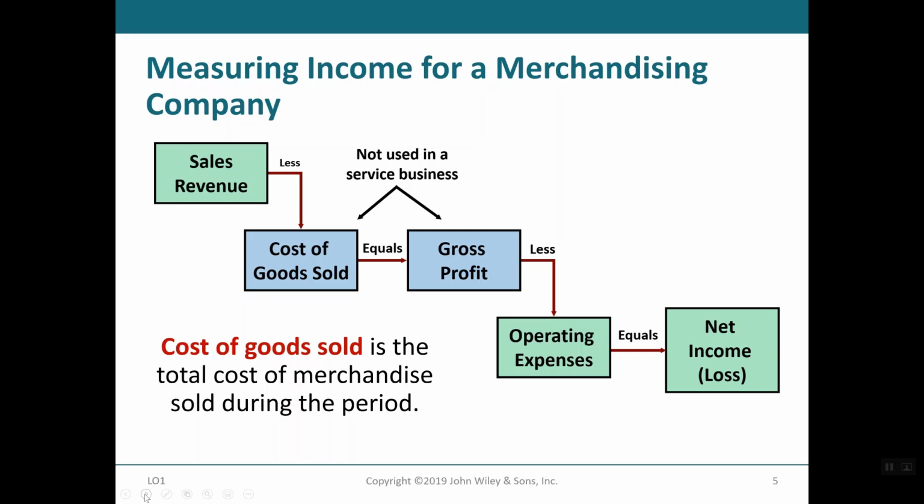Okay, operating expenses run from rent, insurance, salaries and wages, transportation and stuff like that. Now, if our operating expenses again is more than the gross profit, then that will be a net loss. And if your operating expenses is less than the gross profit, then you're going to be operating at a net income.